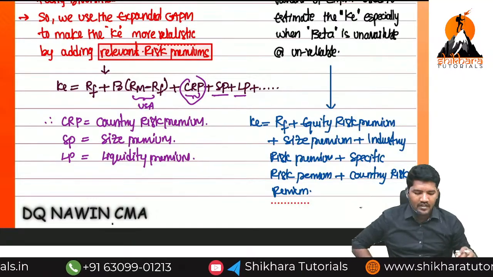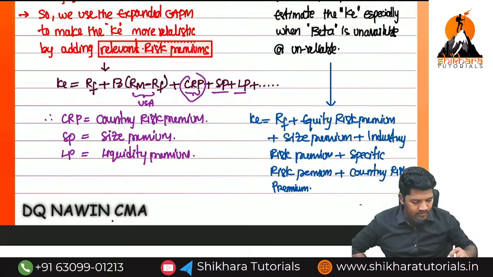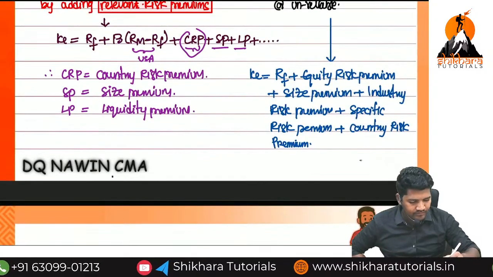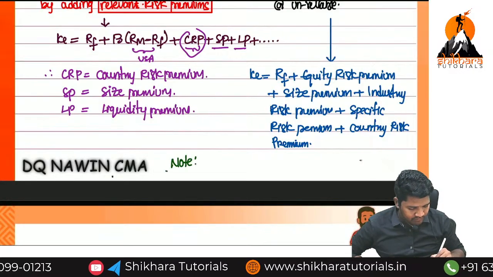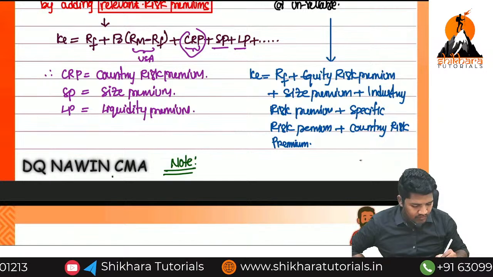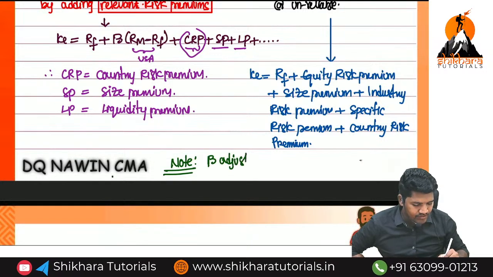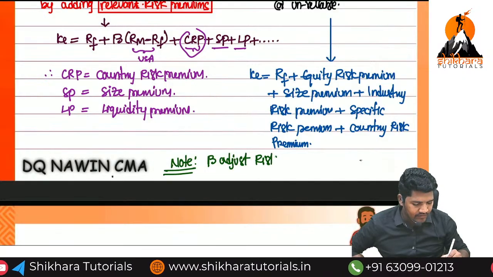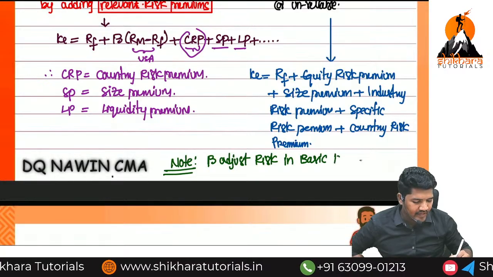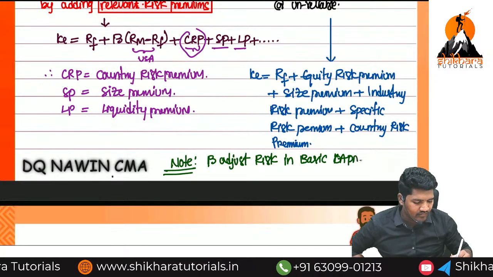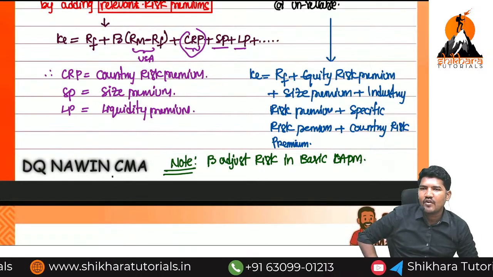Guys, clear? Now, another point you have to understand, just like a note point. In basic CAPM, how can I adjust the risk?